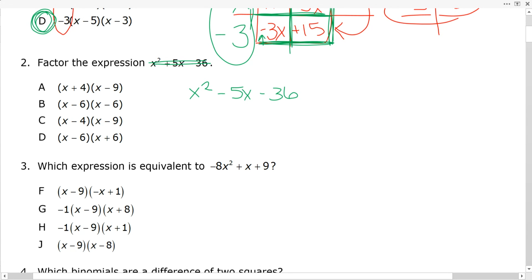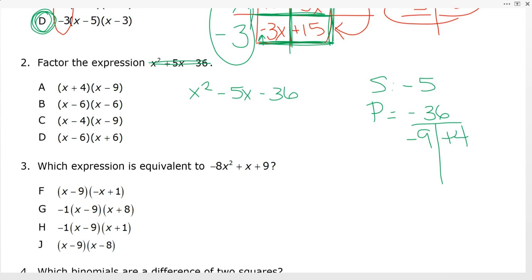And I'm going to find that my sum is -5 and my product is -36. So the factors of -36 that would add to -5 are going to be -9 and +4, because -9 plus 4 is -5 and -9 times 4 is -36.